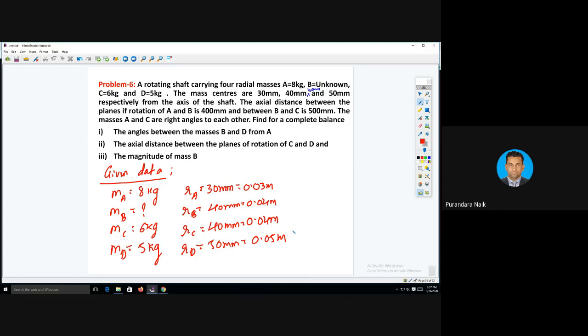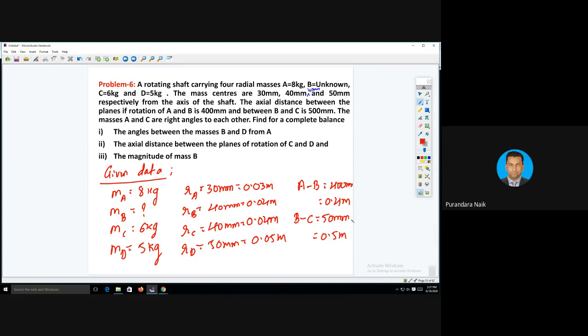Next is the axial distance between the planes of rotation. A to B is 400 millimeter, equal to 0.4 meter. Similarly, B to C is equal to 500 millimeter, equal to 0.5 meter.